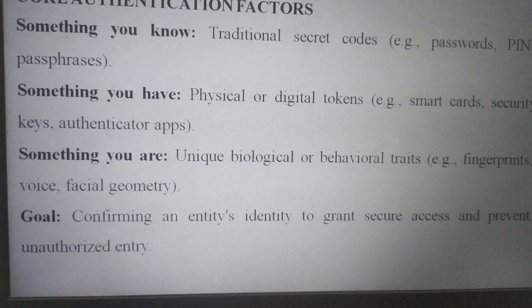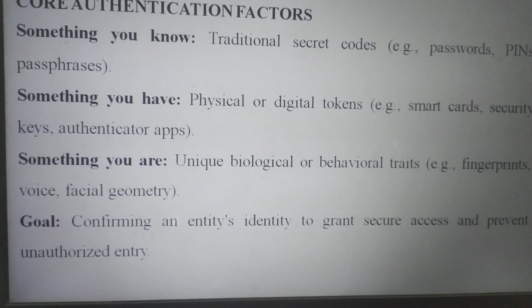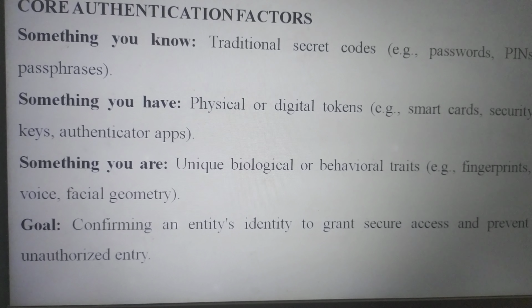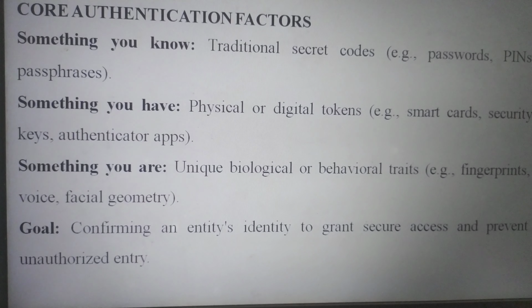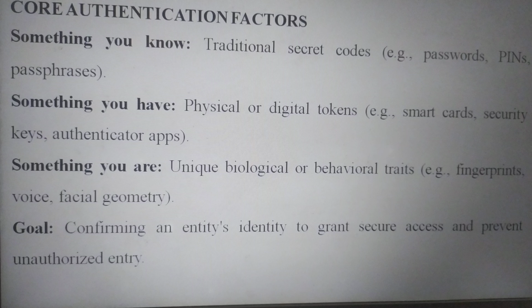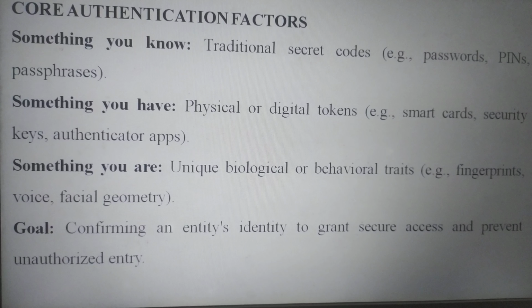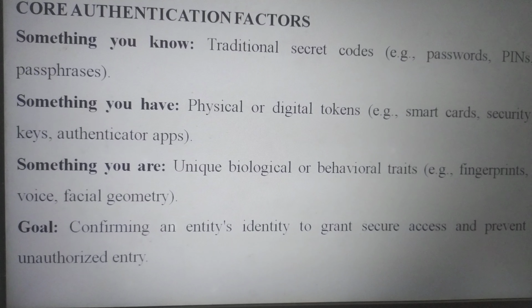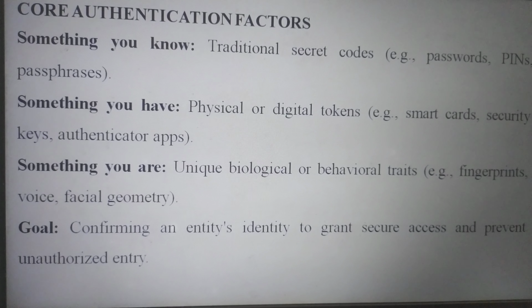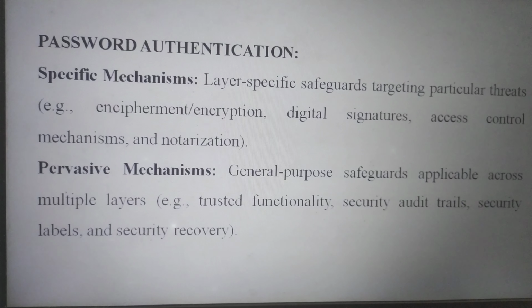Third one is something you are, that is for authentication purpose, that is fingerprints, voice, or facial recognition, which are unique biological or behavioral criteria. Next one is goal. After confirming these entities, we can give access to the particular app.